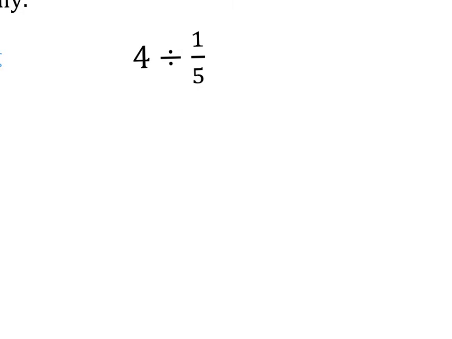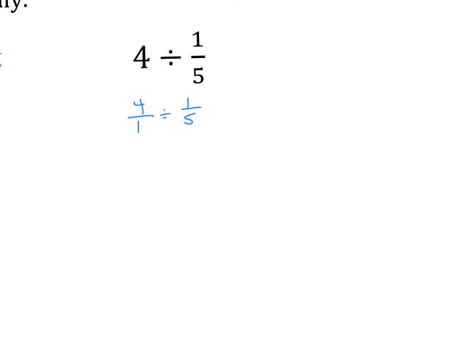Division kind of works in a similar manner as multiplication does. So we could potentially just divide straight across, right? We could take this 4 and make it 4/1 and have 4 divided by 1 and then 1 divided by 5. The problem with that, though, is that we can't really do 1 divided by 5.